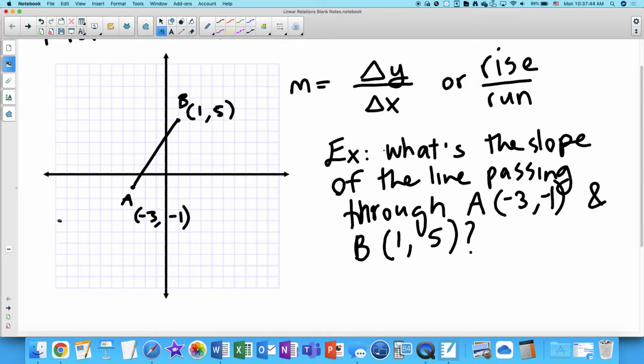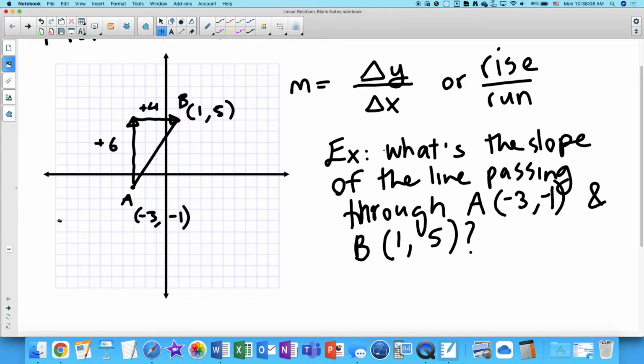And then if I'm trying to find the slope, I can just look, well, what's the rise and what's the run? So I'm going from point A to point B. I'm going up 1, 2, 3, 4, 5, 6. And I'm going right 1, 2, 3, 4.